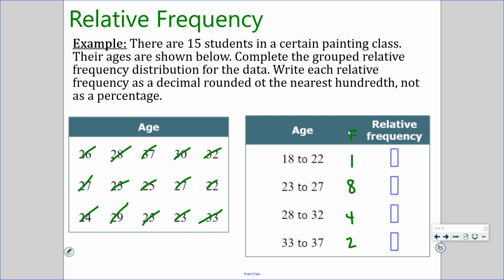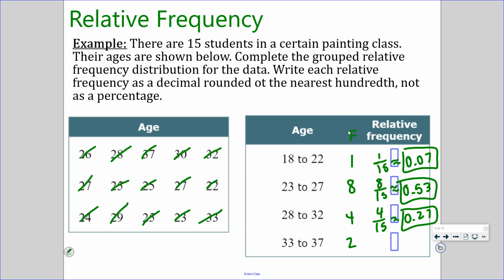So for the relative frequency, you should have done 1 divided by 15, since there's 15 students in this painting class. So 0.07 would be your final answer for that, written as a decimal rounded to the nearest hundredth. 8 out of 15, a little over half, 0.53. 4 out of 15, 0.27. 2 out of 15, 0.13 is what I got for those.